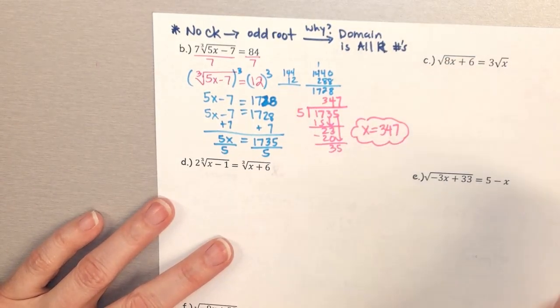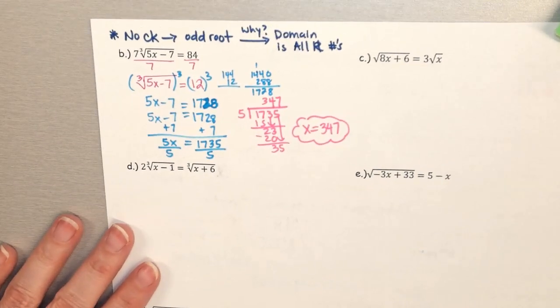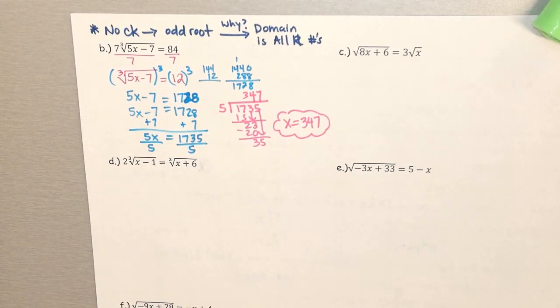You can take the odd root of a negative, so there's no restriction there. If there's no restrictions, you don't have to worry about extraneous solutions. You could plug it back in and check to make sure that you did your math right, but there's not going to be an extraneous solution with an odd root.